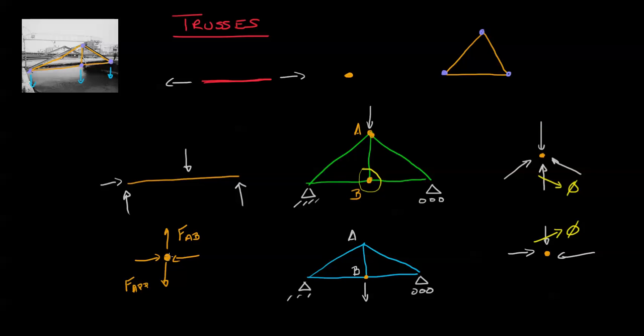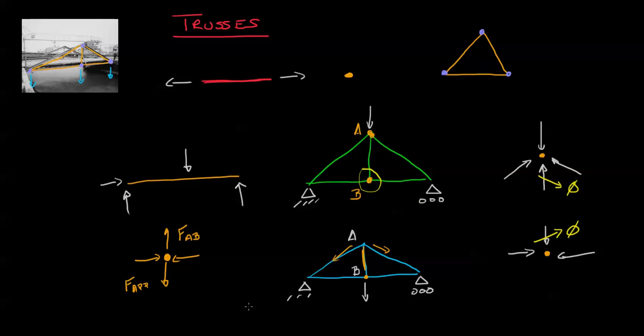Now we can sum that, which means the force of AB is the applied force. So you can see that what happens here is this force, when applied at the bottom, gets transmitted to this member. This force right here, the force in member AB, gets transferred to here.